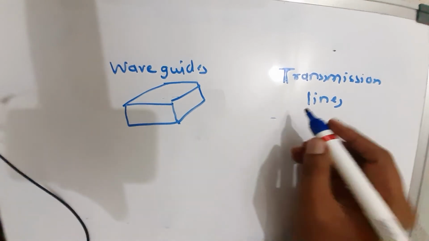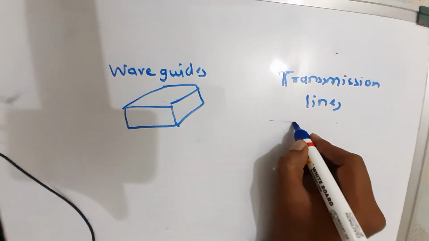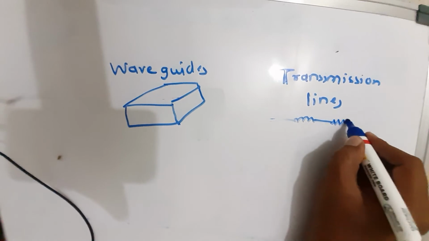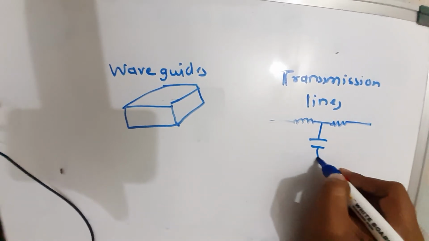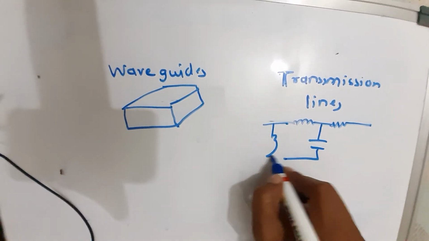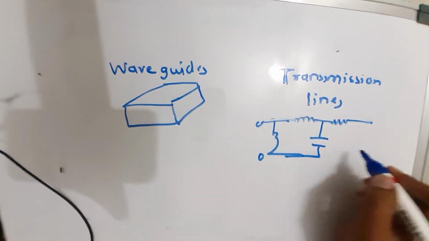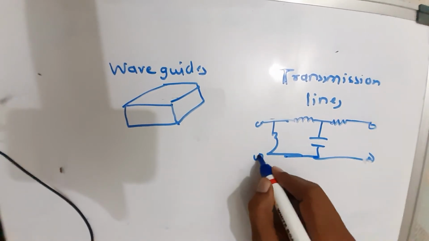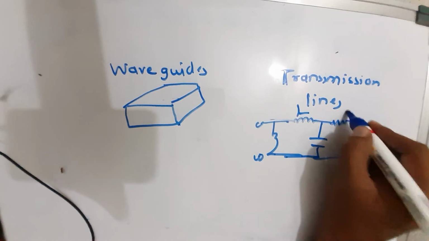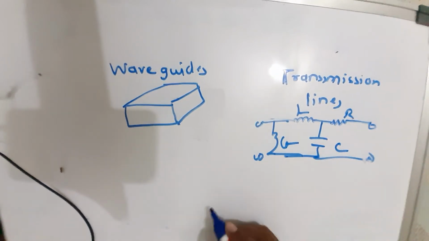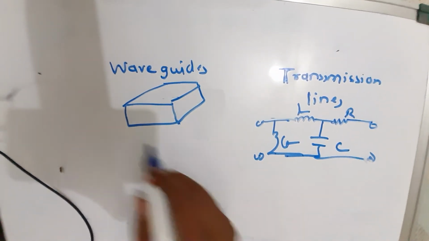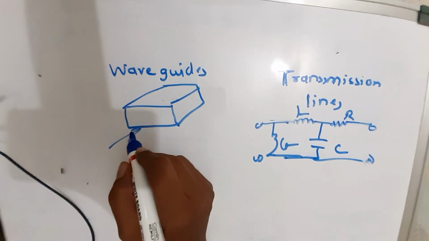A transmission line is basically a conductor or wire where R, L, C, G components are connected. This is the structure of a transmission line, with L, R, C, G like this. Here we have to transmit the microwave signals.